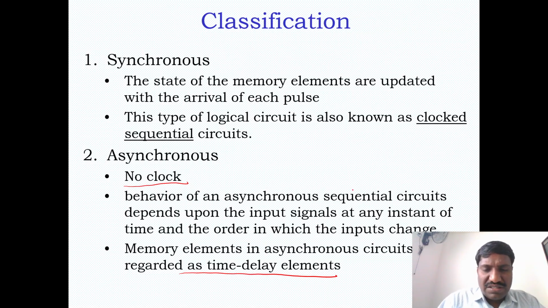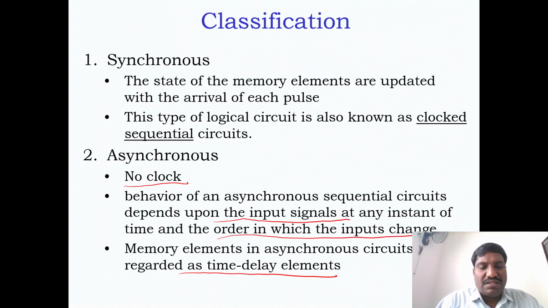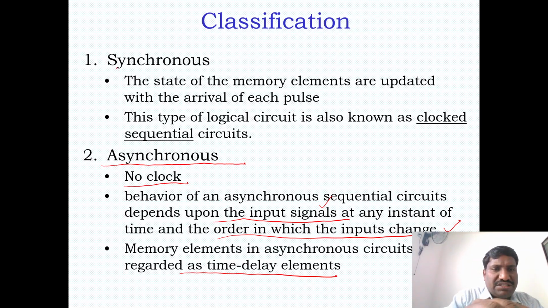In an asynchronous circuit, the output depends on the input signals at that instant and the order in which the inputs are changing. In synchronous sequential circuits, the behavior is based on the clock.